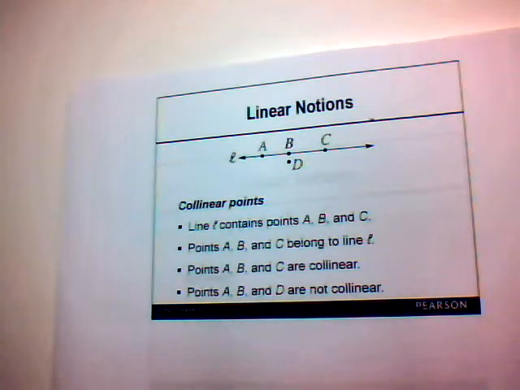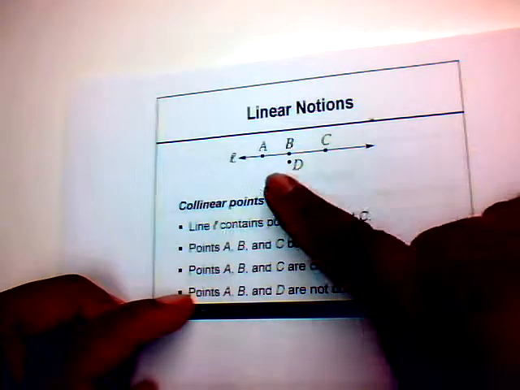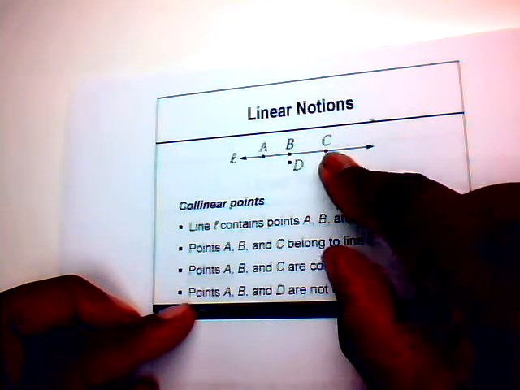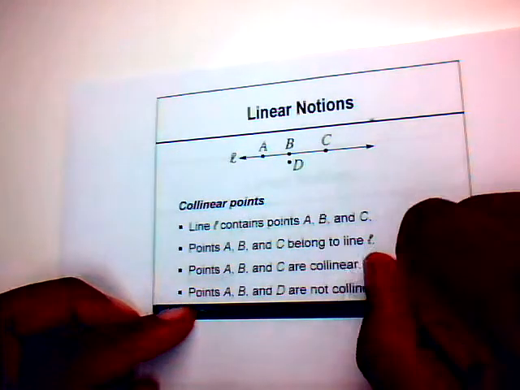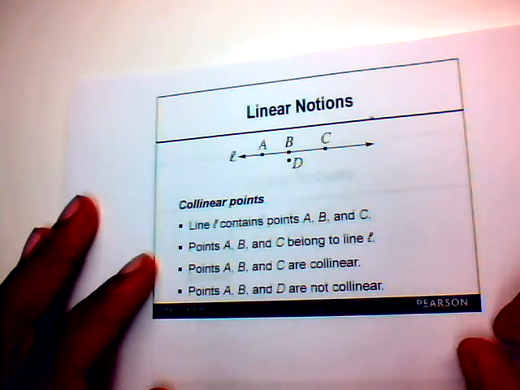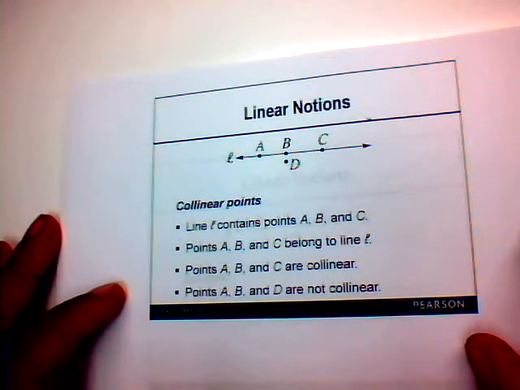Now this brings up another definition, collinear points. Collinear points are points that are on the same line. In this case, line L contains the points A, B, and C. Points A, B, and C fall on the same line L. That means that those points are collinear. And also we can say points A, B, and C belong to line L.